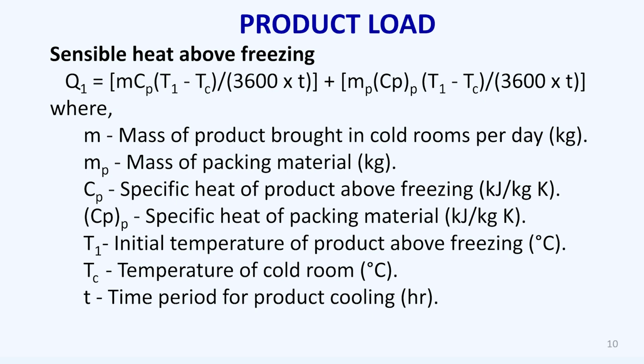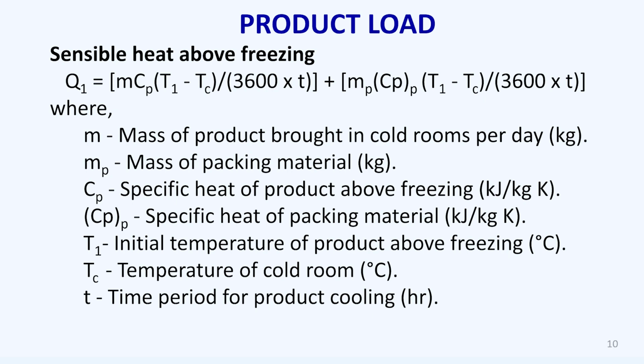Since product and packing start with the letter P, to differentiate the masses, M refers to the mass of the product or the commodity which needs to be stored, and M suffix P refers to the mass of the packaging material.